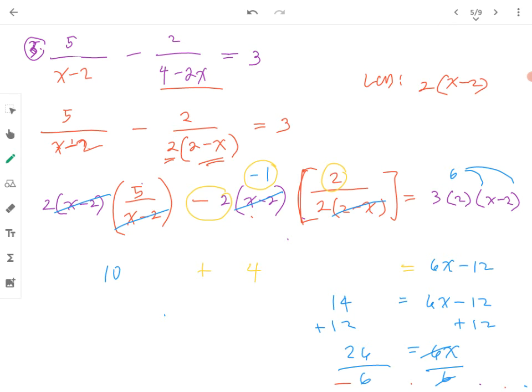So we have x equals 26 over 6, that is 13 over 3. Notice that we factor this first before we get the LCD.